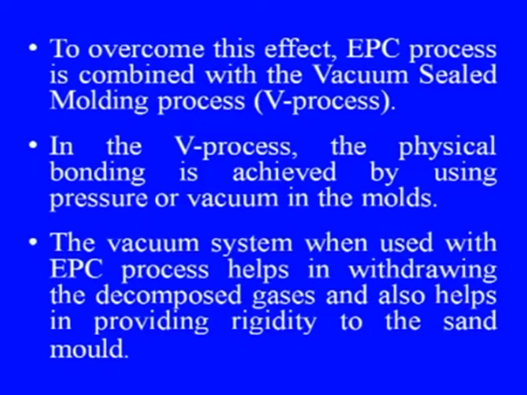To overcome this effect, the evaporative pattern casting process is combined with the vacuum sealed molding process, also known as V process. In the V process, the physical bonding is achieved by using pressure or vacuum in the mold. The vacuum system, when used with EPC process, helps in withdrawing the decomposed gases and also helps in providing rigidity to the sand mold.